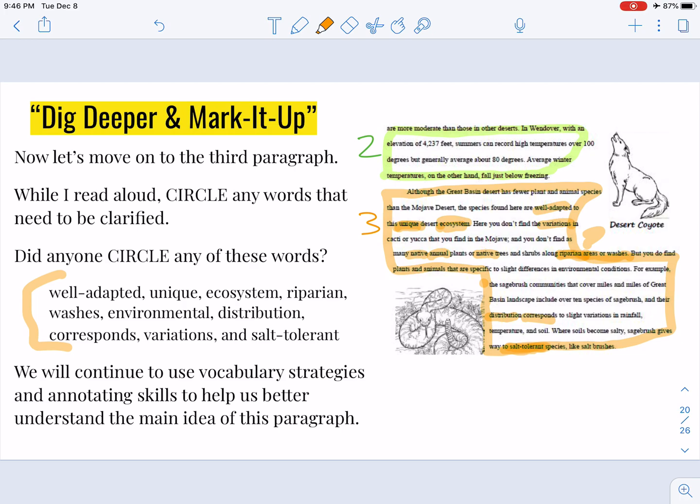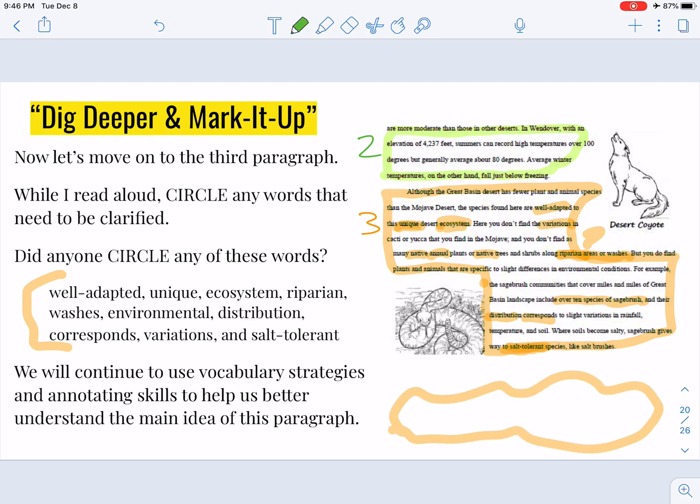Now, our next ones, we have distribution and corresponds. It says, and their distribution corresponds to slight variations in rainfall. And we're talking about 10 species of sagebrush. When I'm talking about the distribution of sagebrush, I'm talking about how widespread something might be.